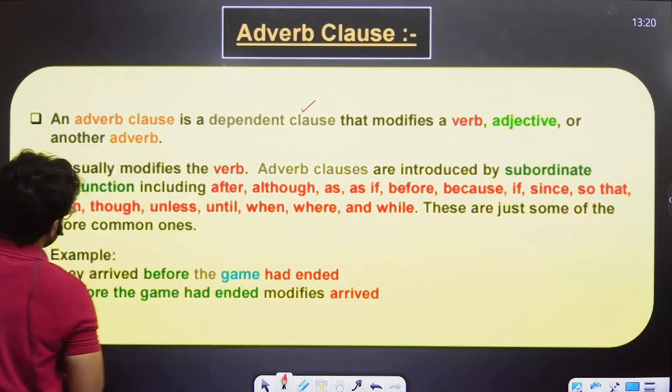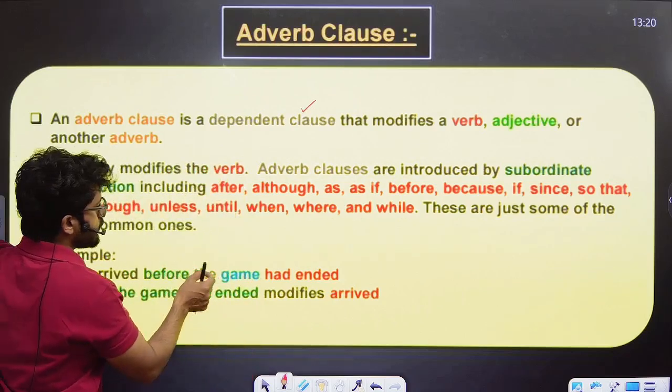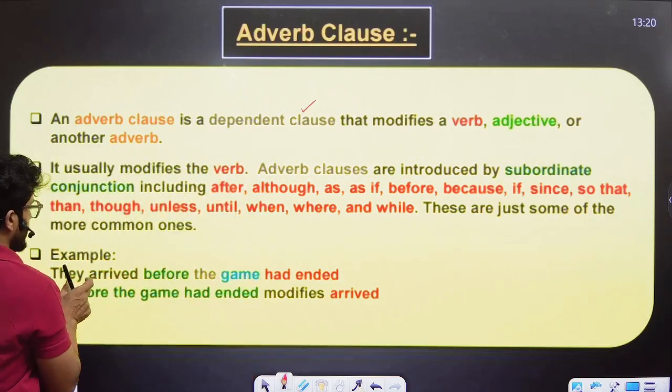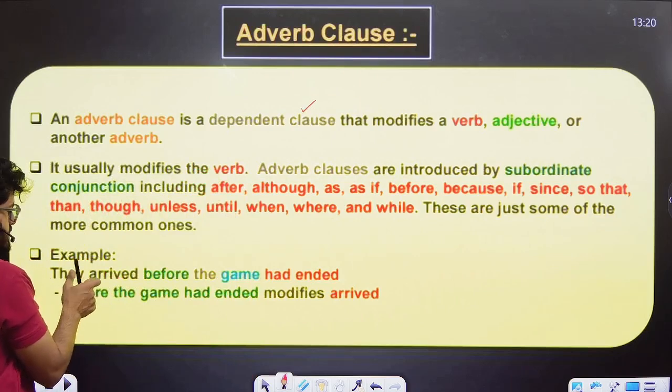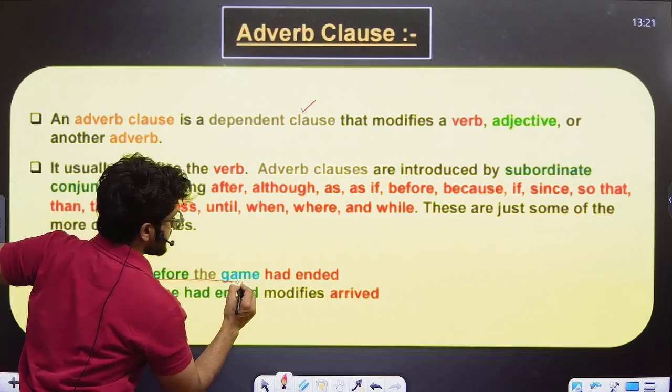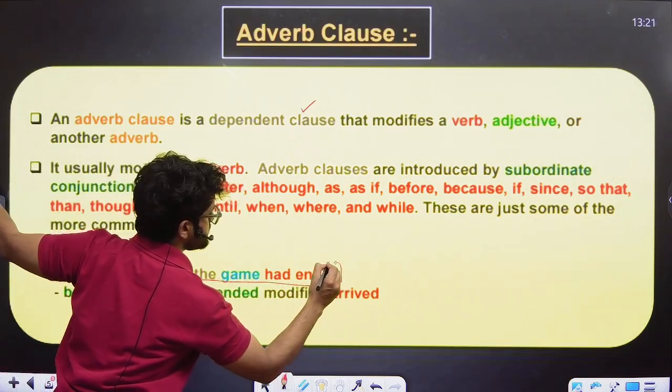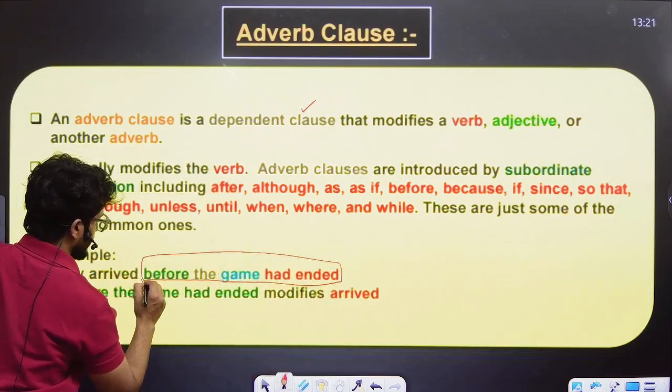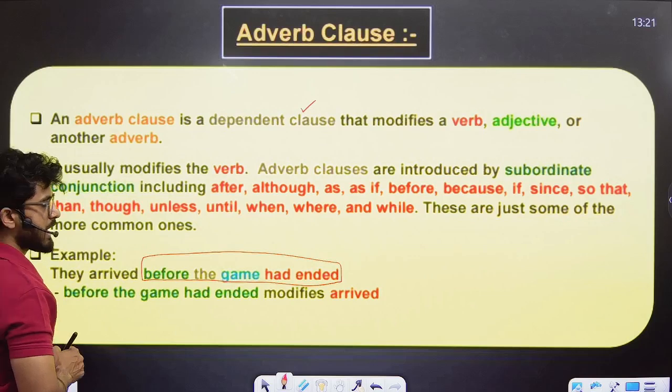Let's see the example here. They arrived before the game had ended. Now, they arrived gives the complete sense: subject, verb. Now, here you are observing that this is the dependent one: before the game had ended.